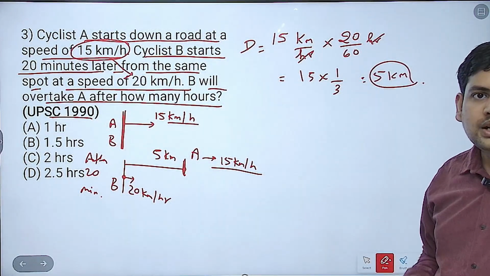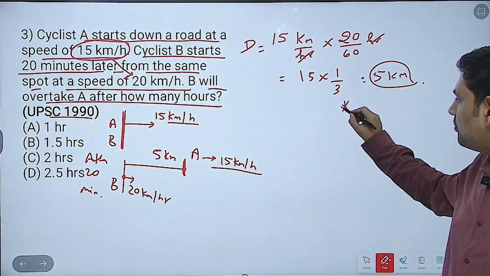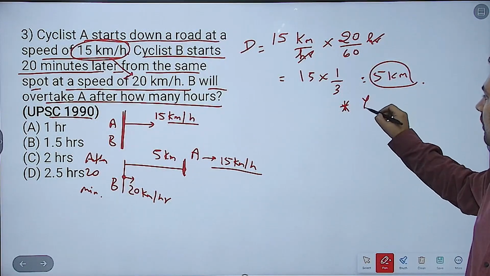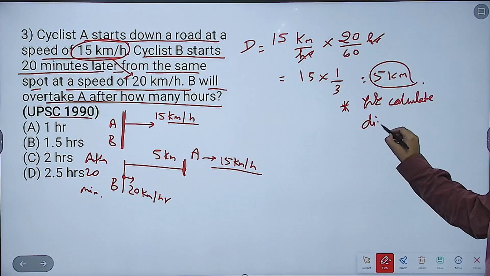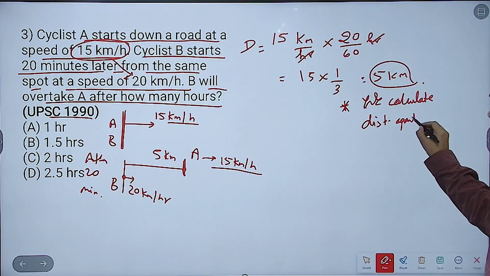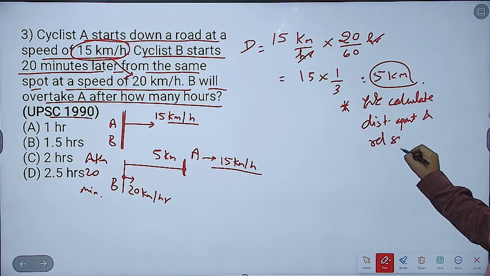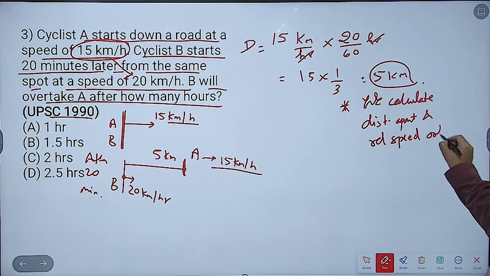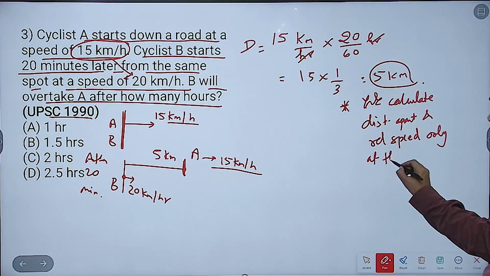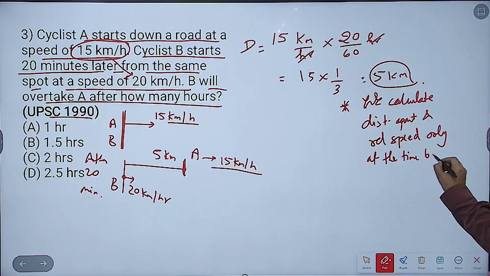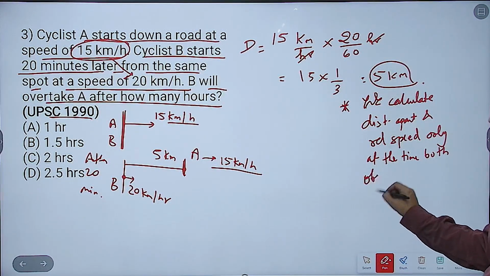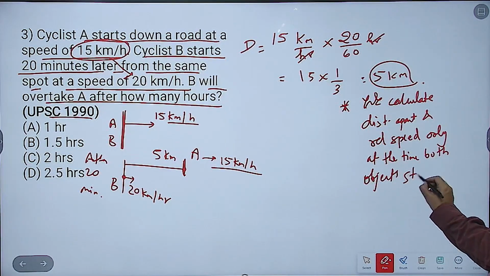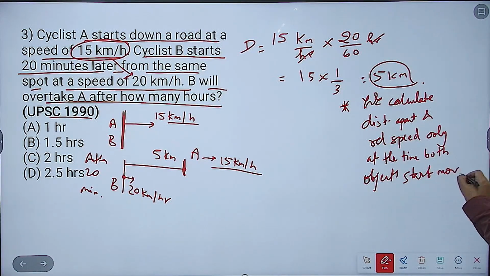Understand this, that you can make a note point: we calculate distance apart and relative speed only at the time both objects start moving, not before that.